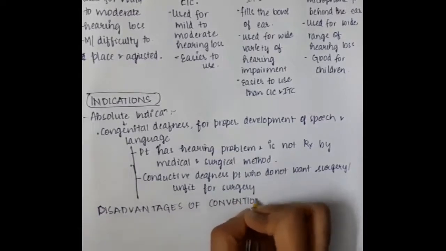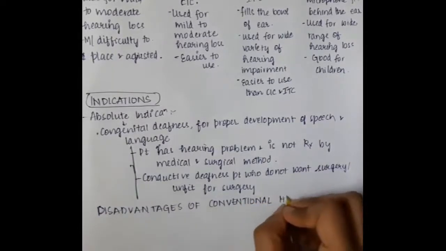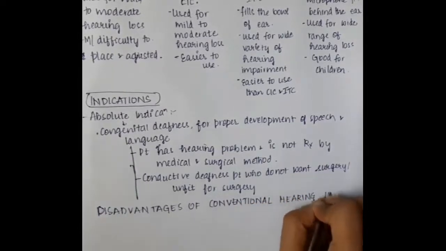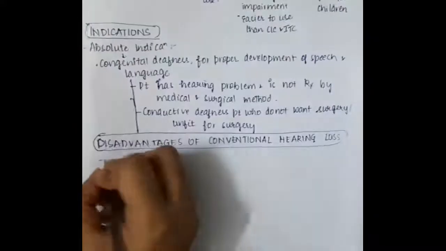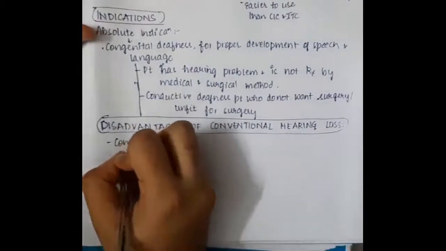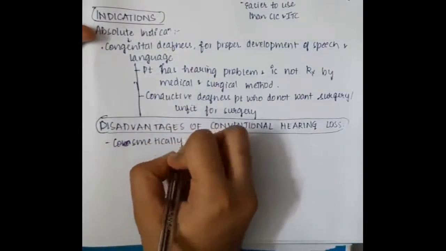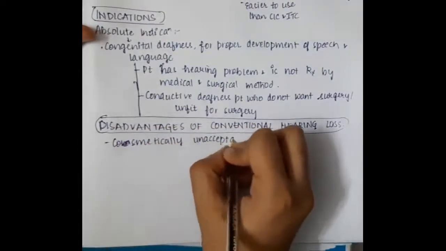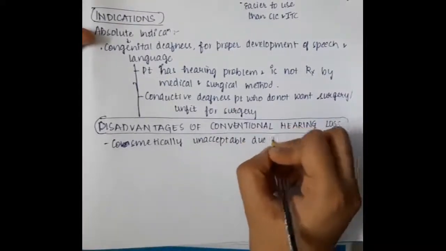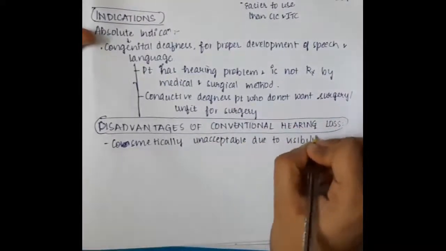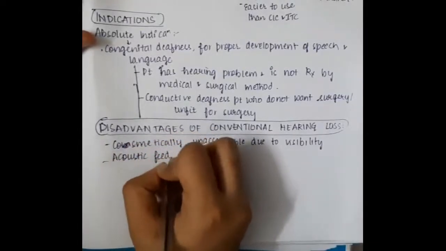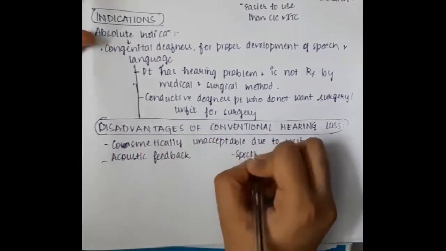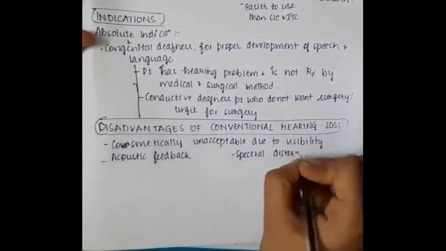Then disadvantages of conventional hearing aid usage. These are cosmetically unacceptable due to visibility. They have acoustic feedback. They show spectral distortion.